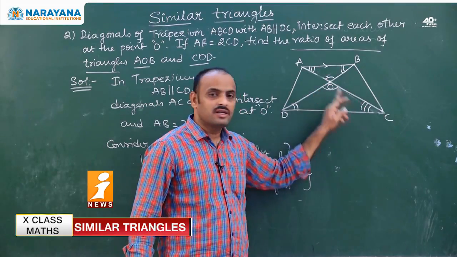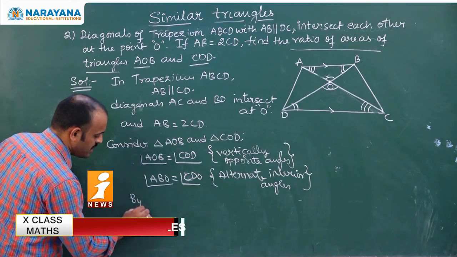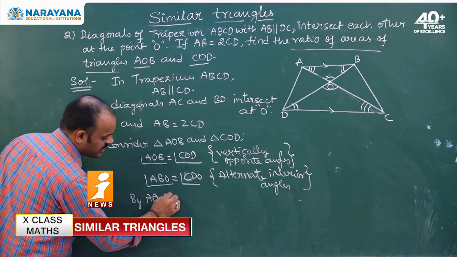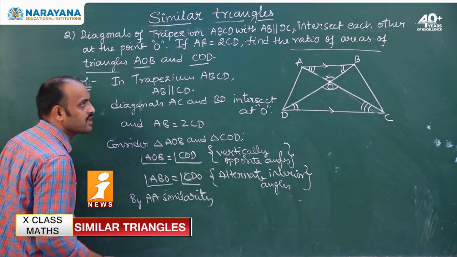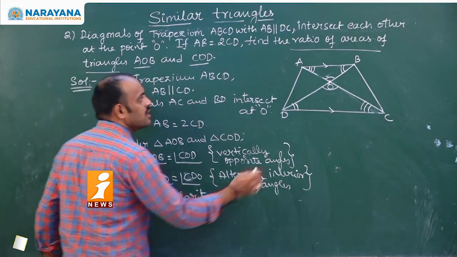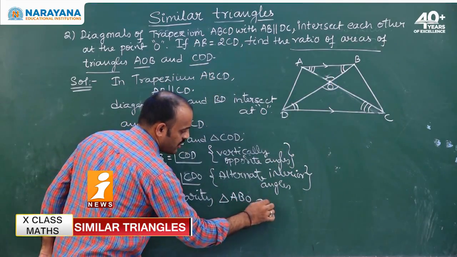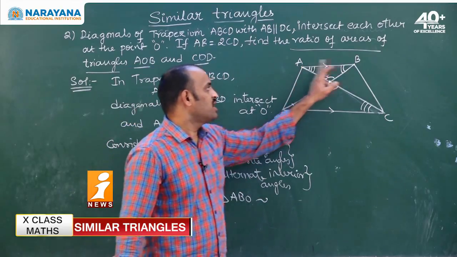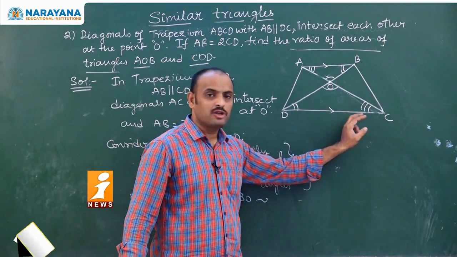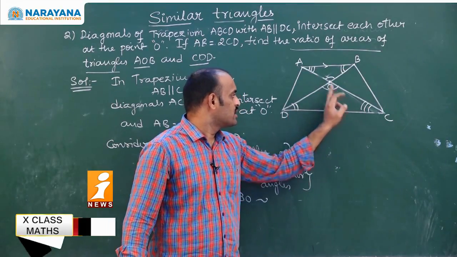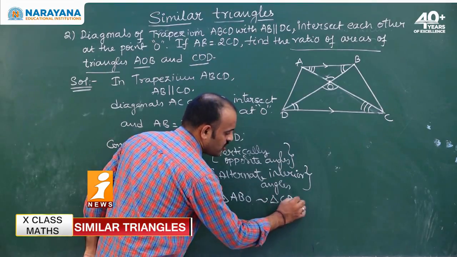These two angles are alternate interior angles. Therefore, by angle-angle similarity, triangle ABO is similar to triangle CDO. See the order 3, 2, 1. Here also I should follow the same order 3, 2, 1, CDO.